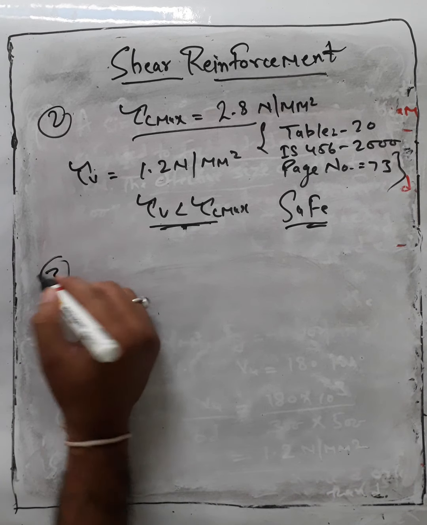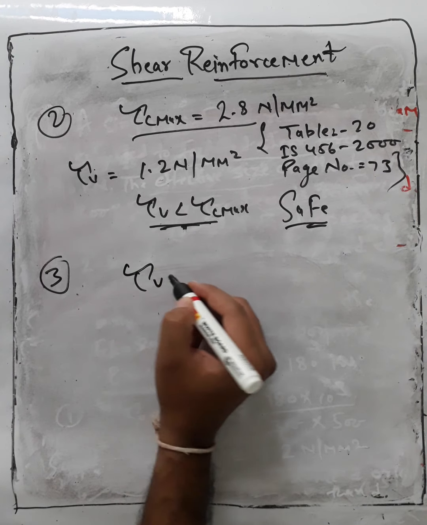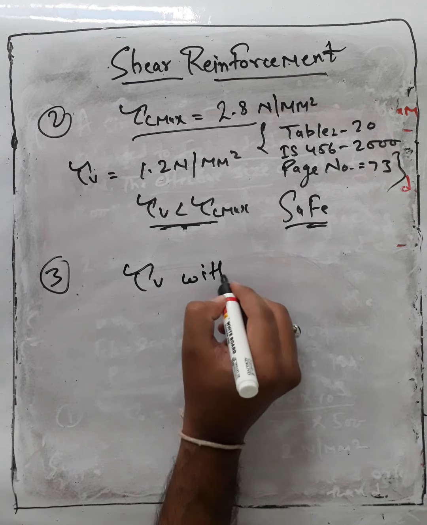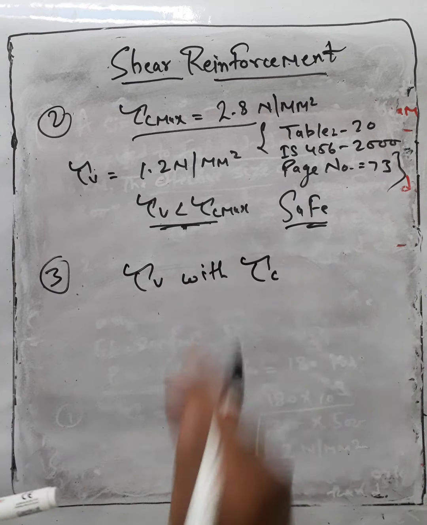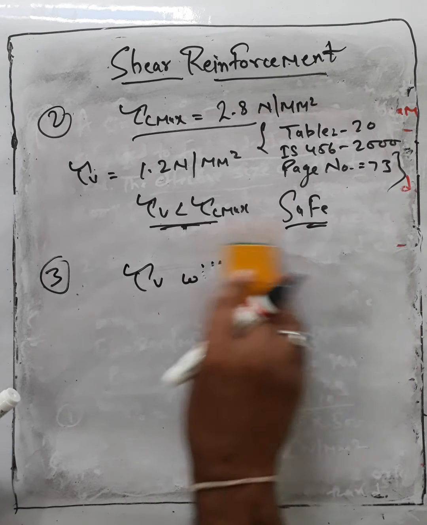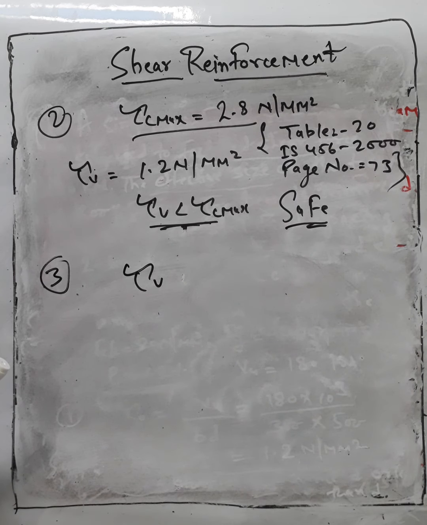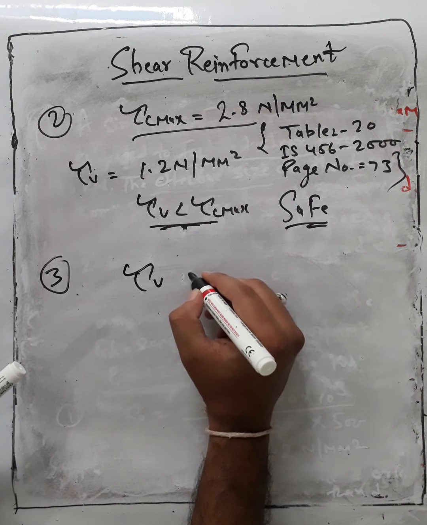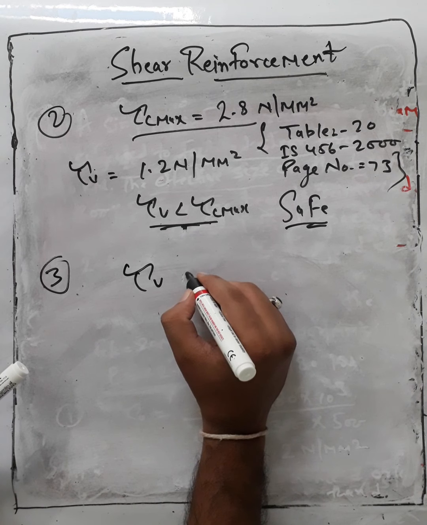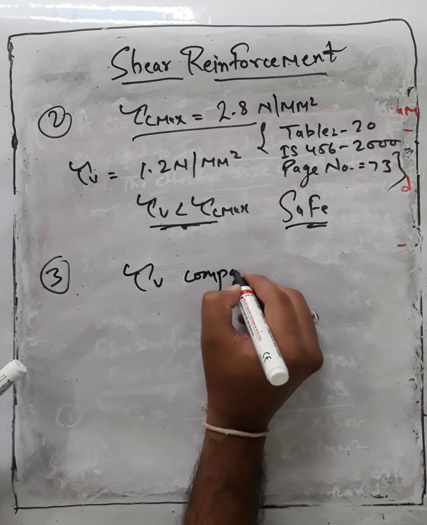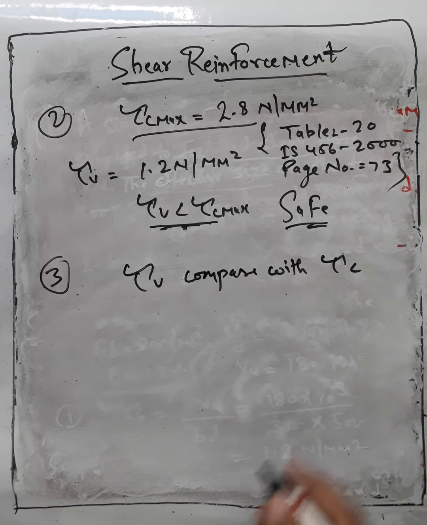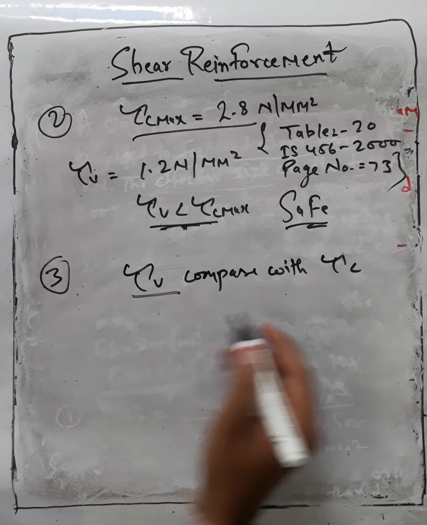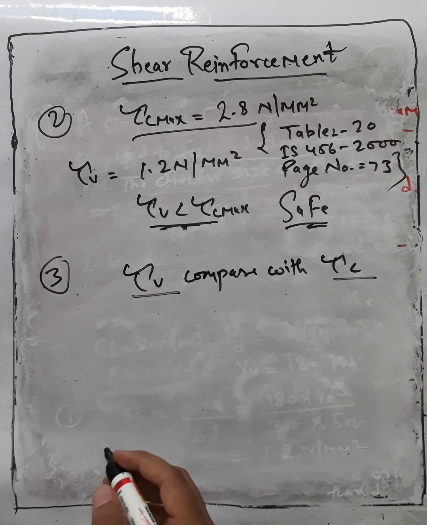Now in step number 3, we compare tau v with tau c. We have tau v, but we have to find tau c.